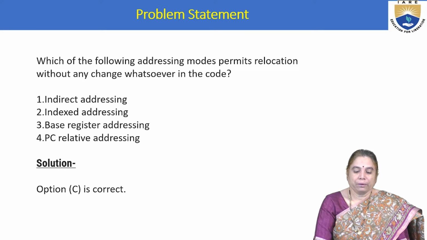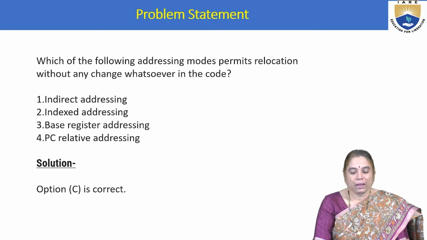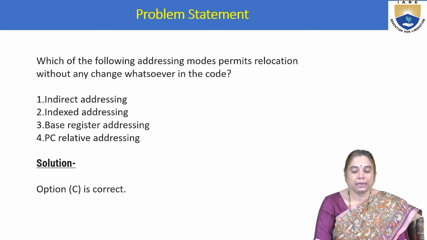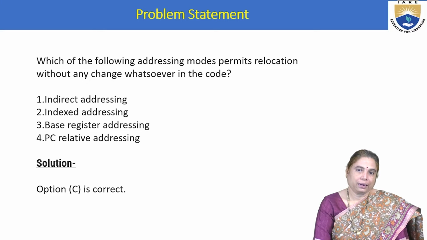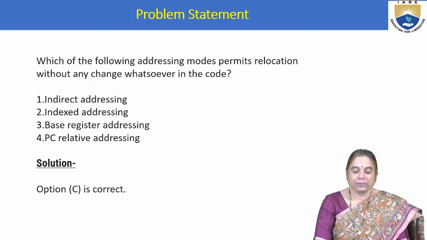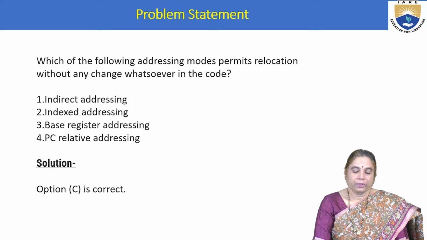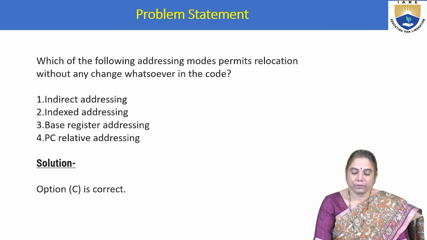Next problem statement. Which of the following addressing modes permits relocation without any change whatsoever in the code? So here the first option is indirect addressing. Second one is indexed addressing. Third one is base register addressing.